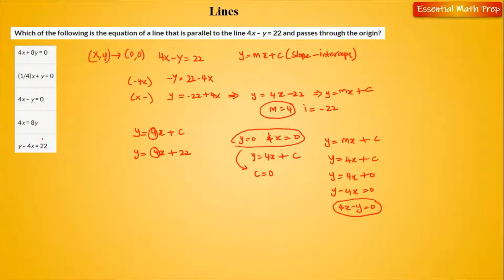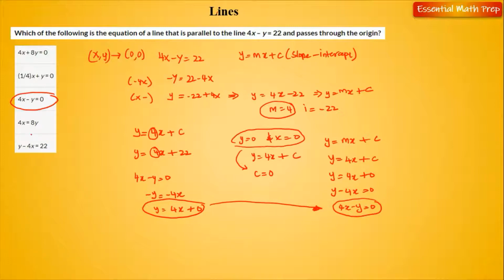So the trick here is, keep in mind, you can put 4x minus y equals 0 into the conventional form. That means negative y equals negative 4x. That means y equals 4x plus 0. So that's the way I'm able to arrive at this conclusion. So the correct answer is this.